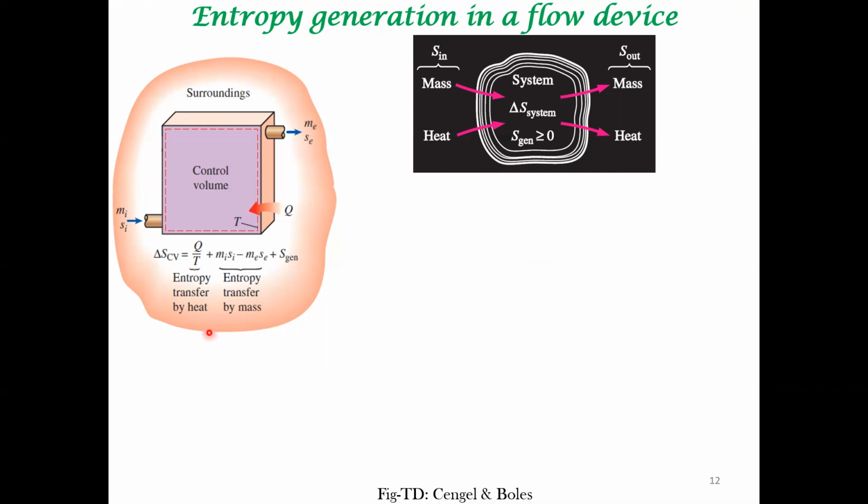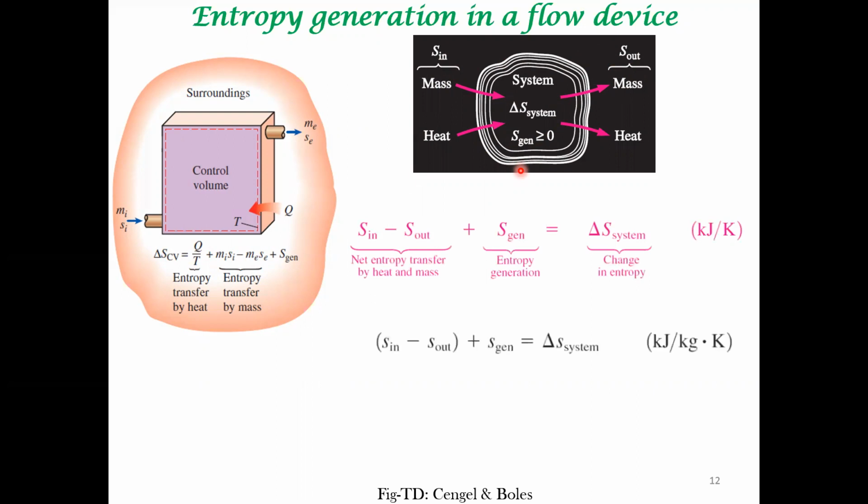In the previous example, for a closed system, you had this term and this term and this term, but you didn't have this term. So in a flow device, there can be mass flow in and out, which brings in entropy, because entropy is a state quantity, and entropy is taken out by the mass flow rate out of the system. And when you write the balance equation, there is this additional term, which is entropy production, entropy generation.